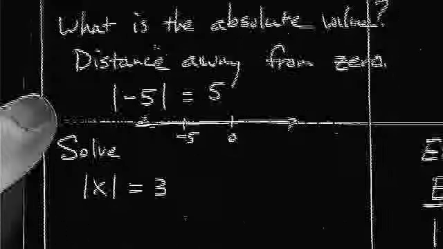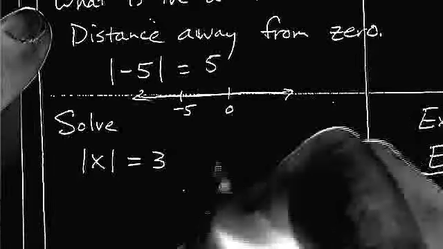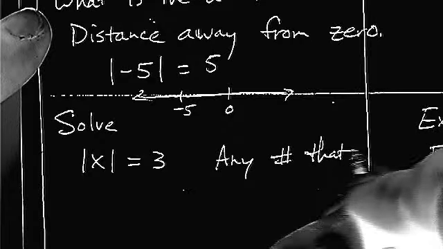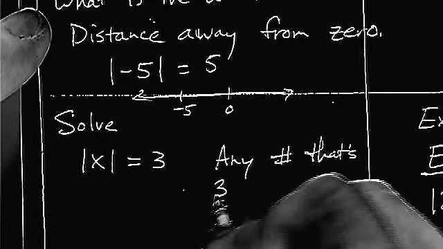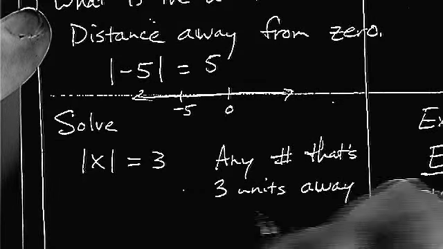What if I had a simple question like this? Solve the absolute value of x equals 3. Now here's an equation, a very simple equation. So the number that would work for x would be any number that's 3 units away from 0.